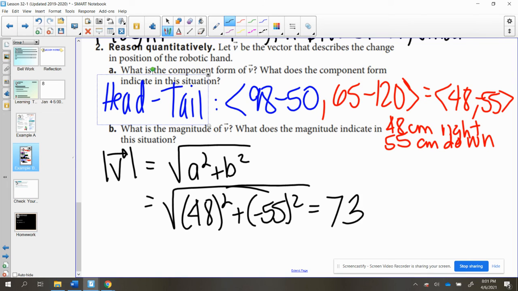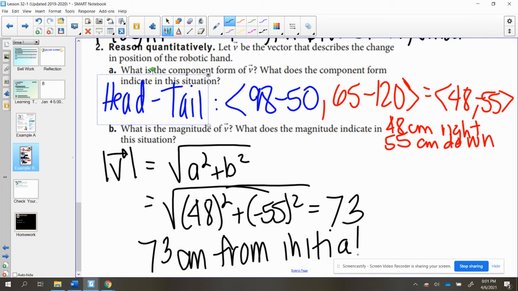Okay, and what this is basically telling us is that we are 73 centimeters from our initial position. Again, you think right and down, it's kind of like saying the length of our robotic arm this way, from that starting point to the end.